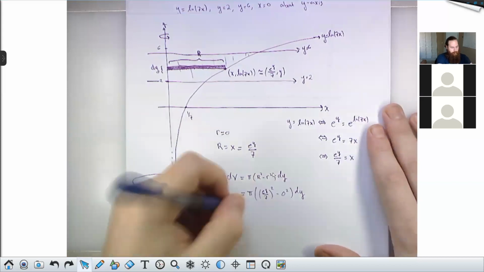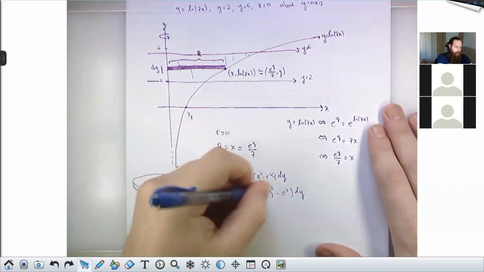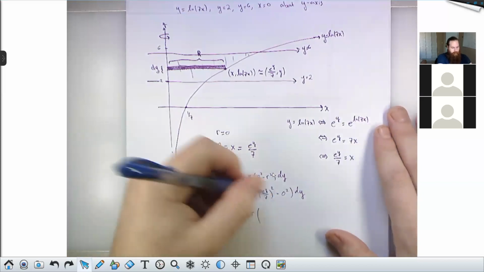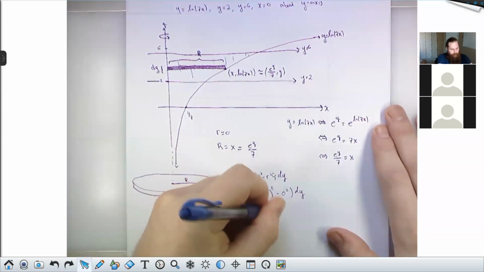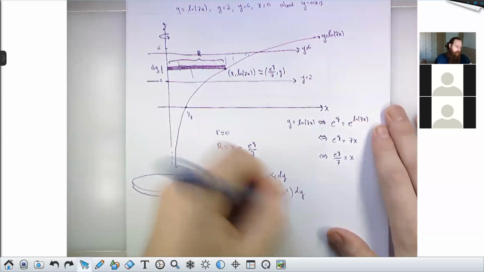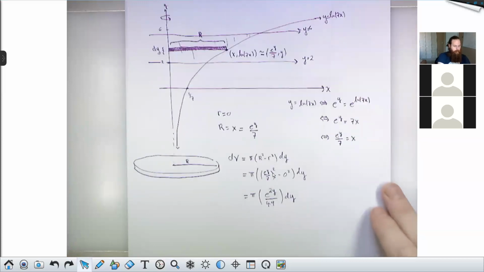And we can clean that up. e to the y over 7 squared is e to the y squared divided by 7 squared. e to the y squared is e to the 2y, and 7 squared is 49. So this is my dV. And I'll have to integrate that.